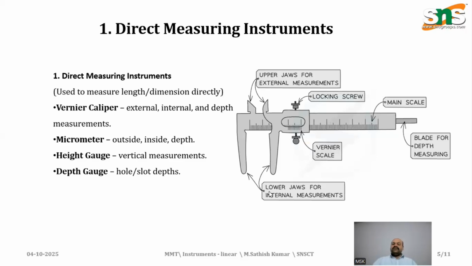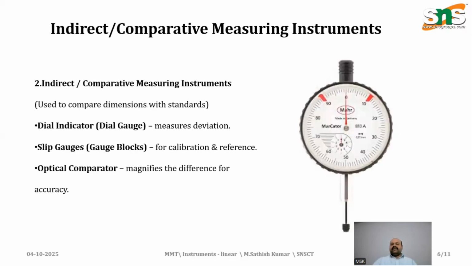It has a lower jaw for internal measurements and an upper jaw for external measurements. When you want to measure any dimension, you can directly read the reading from the Vernier scale and find the dimension. That's why it falls under this category. We also have micrometers, height gauge, and depth gauge.